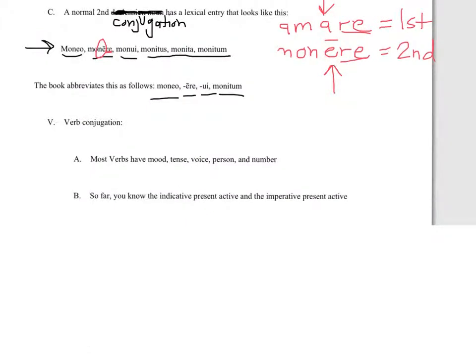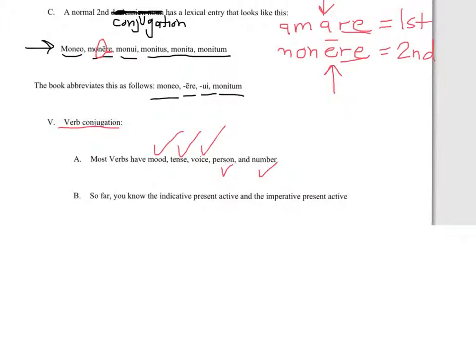When you identify or deal with nouns, you have to know that nouns have case, number, and gender. A case ending, a number, that's singular or plural, and a gender, masculine, feminine, or neuter. Verbs are different. Verbs, instead of having case, number, and gender, have mood, tense, voice, and most verbs, but not all, have person and number as well.